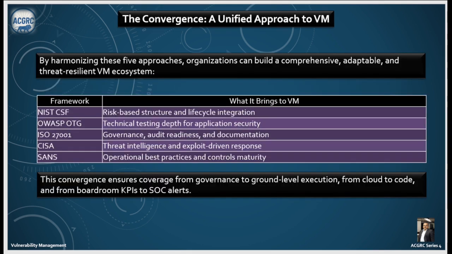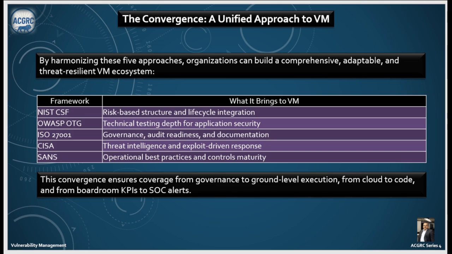A convergence, a unified approach to VM. By harmonizing these 5 approaches, organizations can build a comprehensive, adaptable, and threat-resilient VM ecosystem. NIST CSF brings risk-based structure and life cycle integration. OWASP brings technical testing depth for application security.